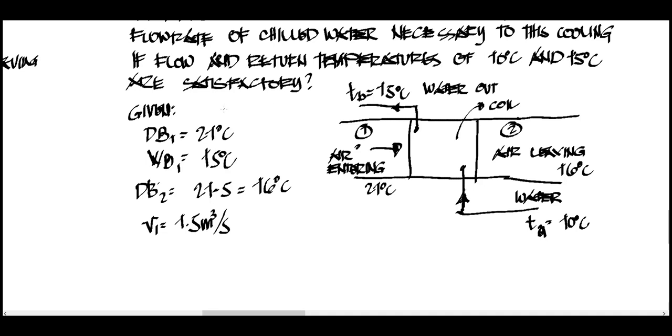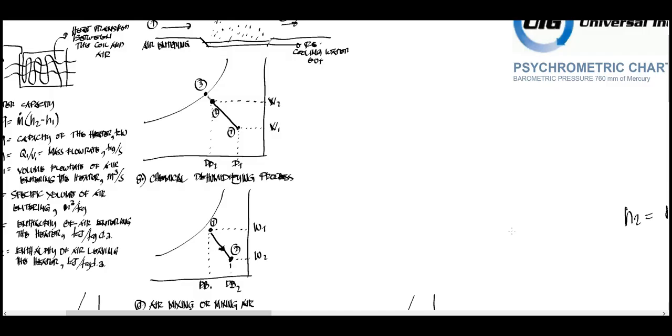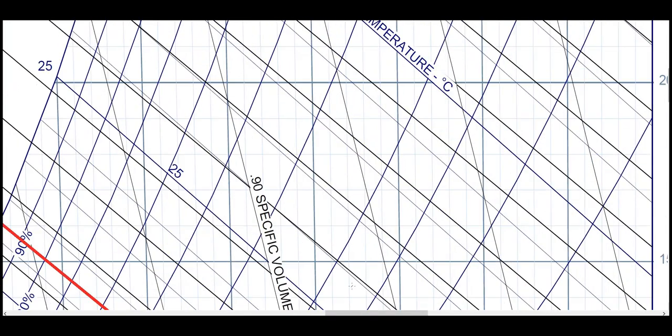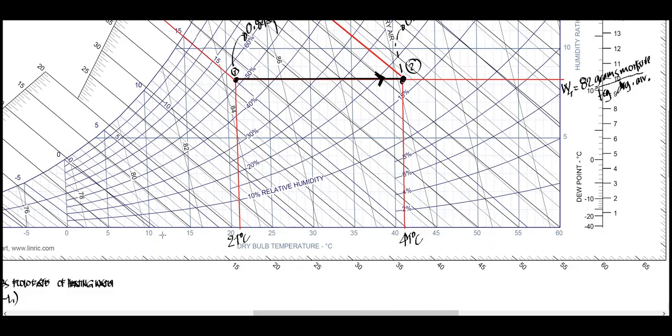So this time, drawing it in the psychrometric chart, it is opposite. If we draw the path of this problem in the psychrometric chart, we plot the line here at 15 degrees Celsius, then 16 degrees Celsius, at constant humidity.